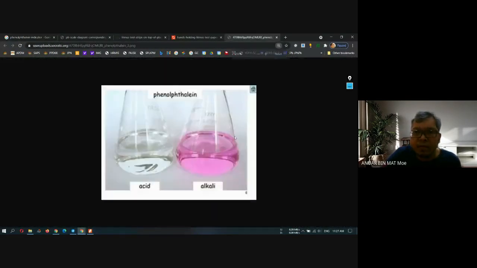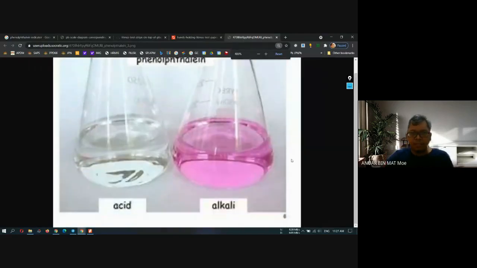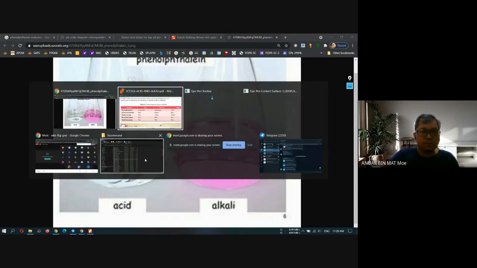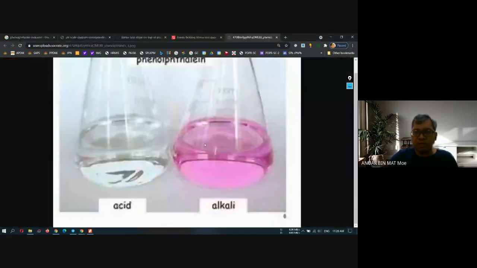Phenolphthalein is in solution, in liquid. When you put acid, no color. When you put alkali, it will turn to pink, or maybe a bit of an indigo color. This is one of the indicators.